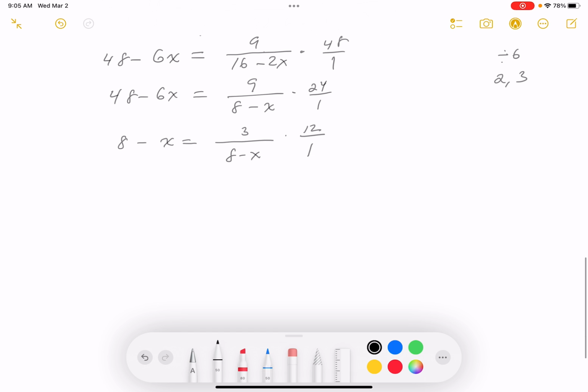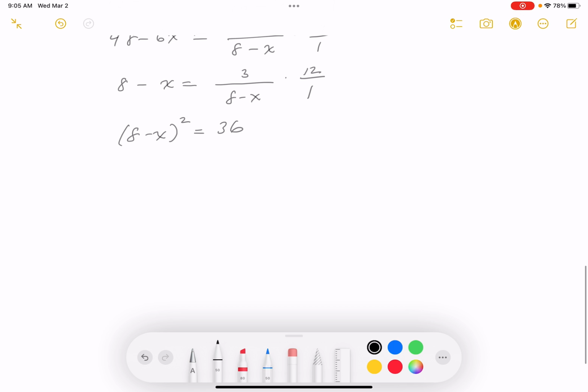Right? What do I get over here? 8 minus x squared equals 36. Pretty strange looking, right? Let's write this down. 8 minus x equals plus or minus the square root of 36, which is 6. Whoops, I did something I should not have done. Although true, I should not have done it.